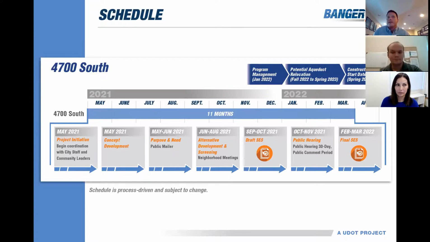We'll be presenting the final design for public comment, as Tyler mentioned through the presentation, where the public will be able to comment on the design. UDOT will review those, make any changes if necessary, and finalize the state environmental study. And then it'll move to contractor procurement and construction in 2023.